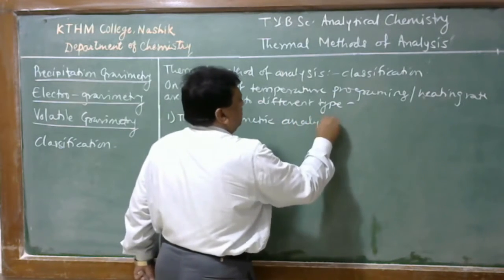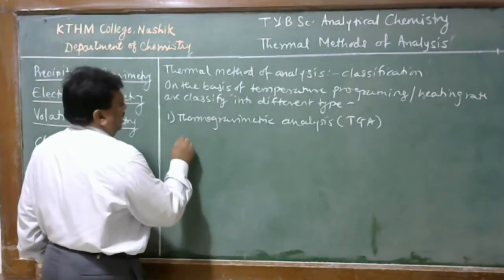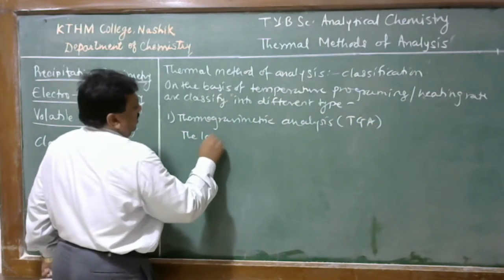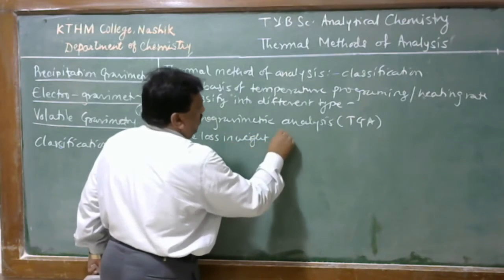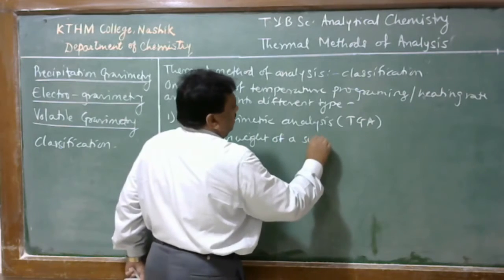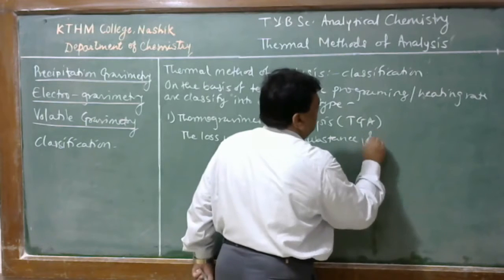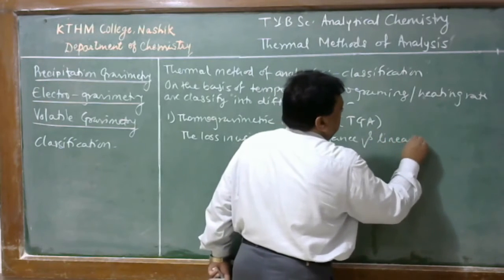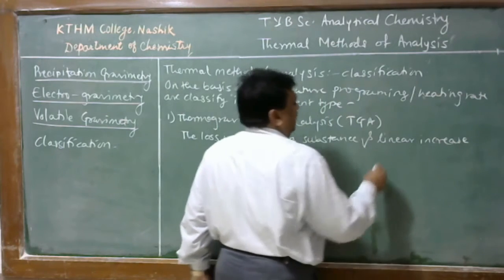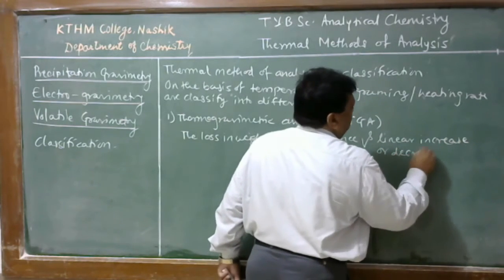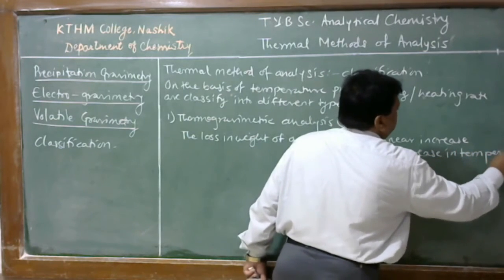It is called as TGA. In this case, the loss in weight of a substance is recorded as a function of linear increase or decrease in temperature of the substance.